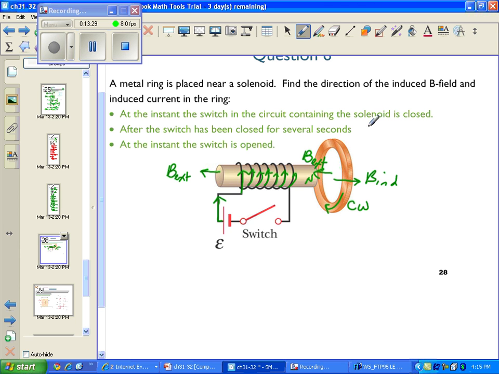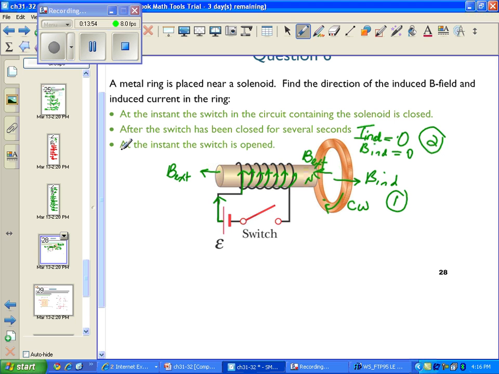Well, in this case, if there's no change in the magnetic flux, there's no EMF, there is no induced current, let's go ahead and put that as 0, and therefore no induced magnetic field since there's no induced current. So this is in the case of 1, this is in the case of 2.